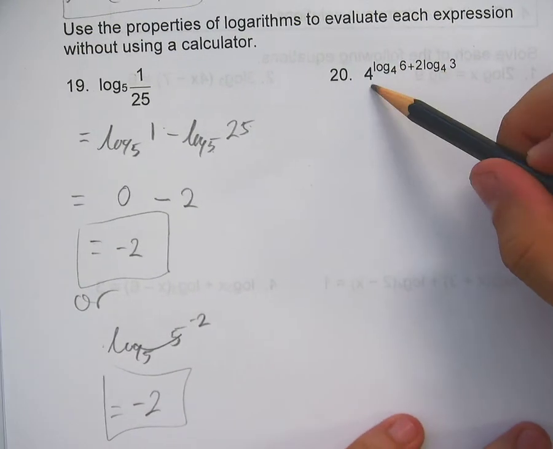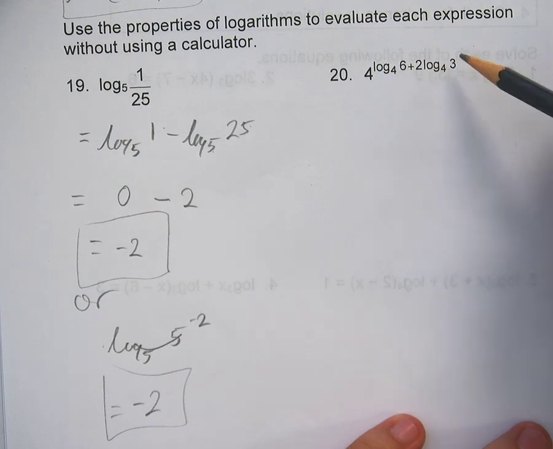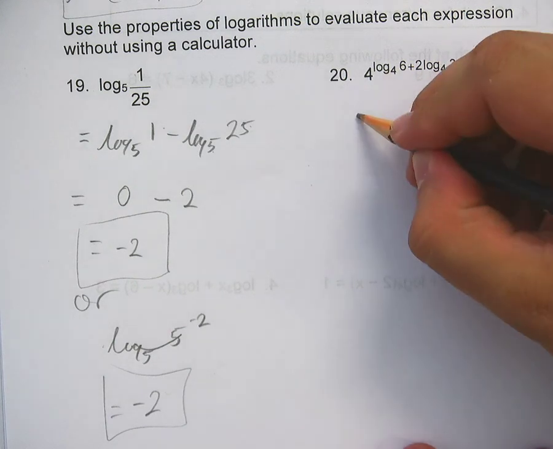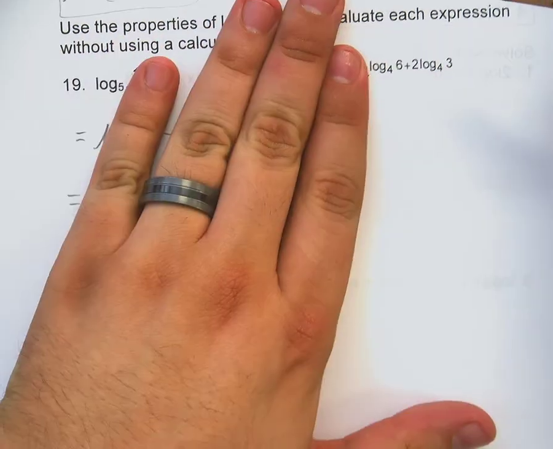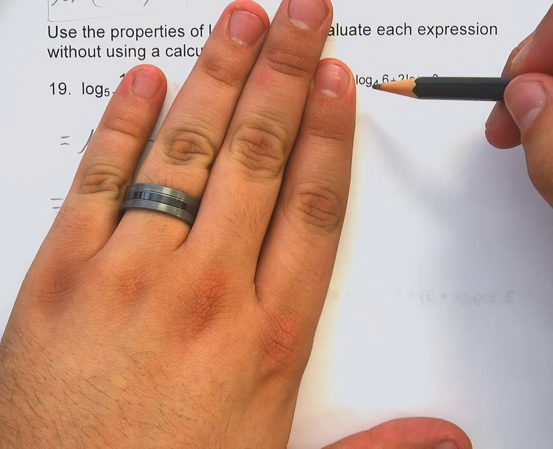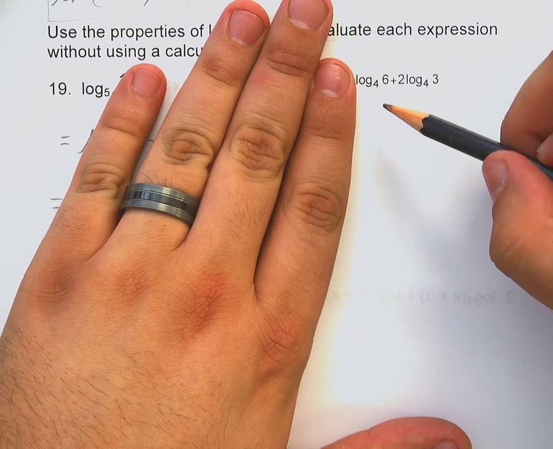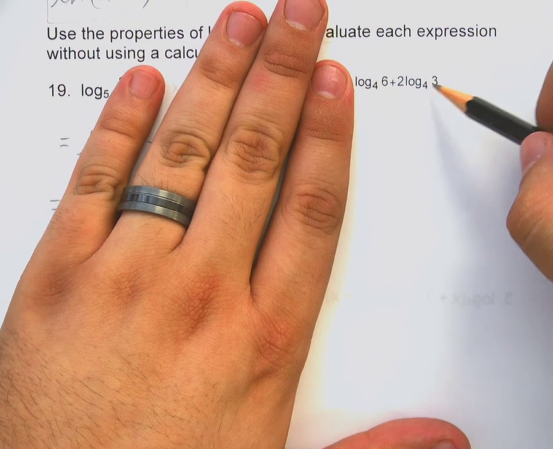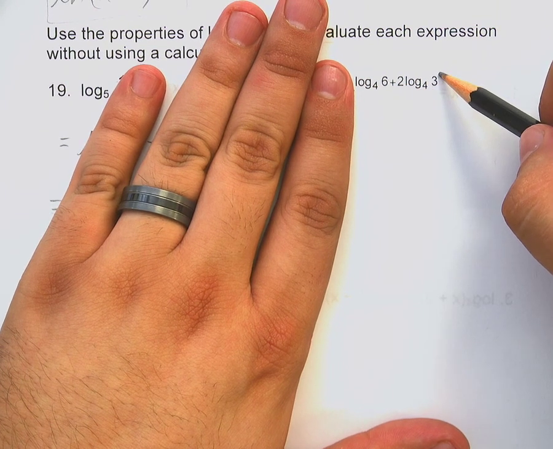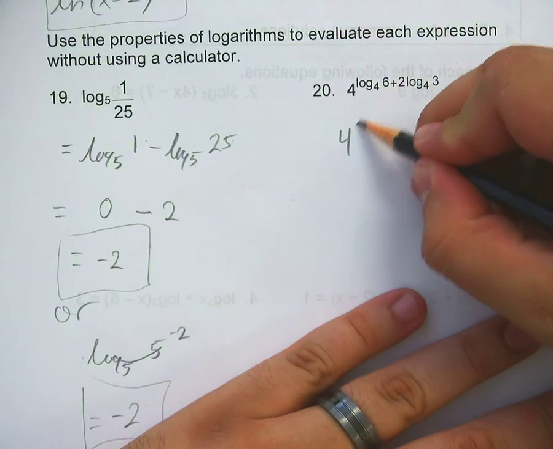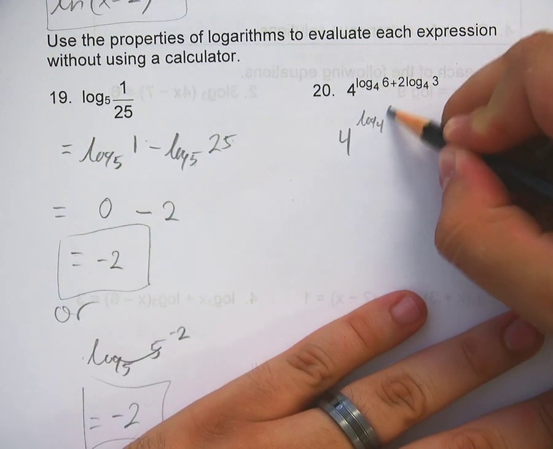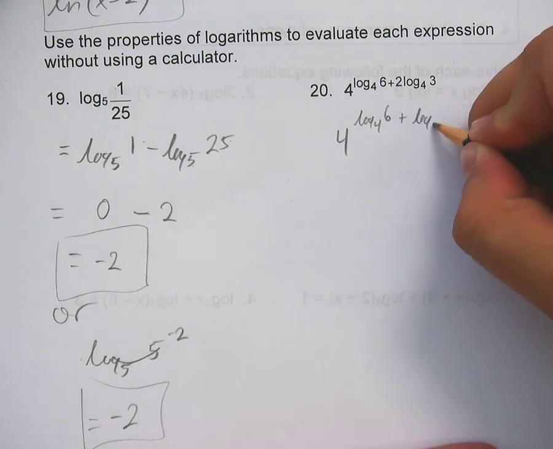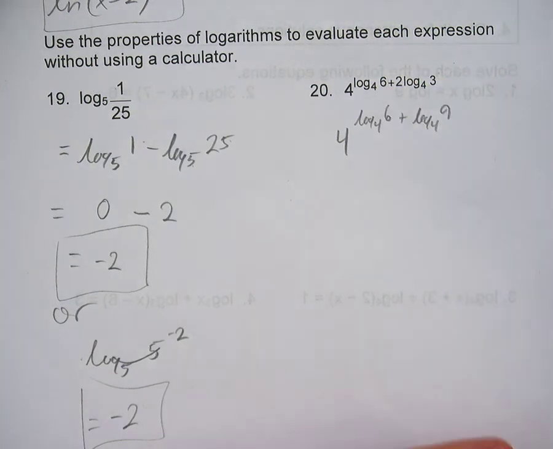All right, 20. 4 to the log base 4 of 6 plus 2 log base 4 of 3. I'm going to start out and pretend like this 4 is not here, and I'm just going to work with my exponent. So log base 4 of 6, 2 log base 4 of 3. So the 2 goes up here, it's 3 squared. So I'll have log base 4 of 6 plus log base 4 of 3 squared is 9.